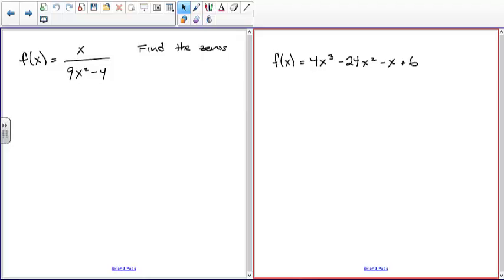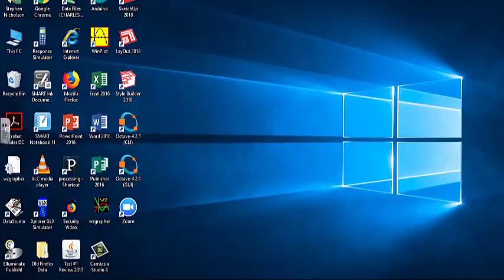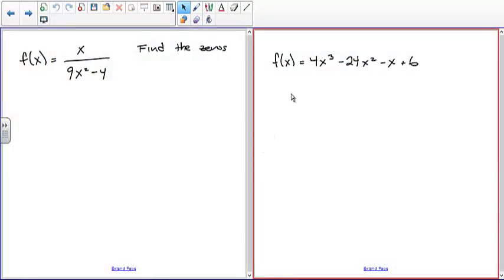Now you may have had it before, but we haven't covered it in this class, so we don't know how to do long division yet, so we'll see if we can factor this.